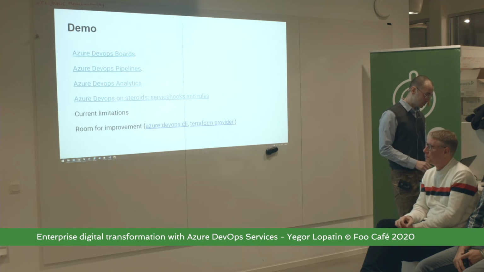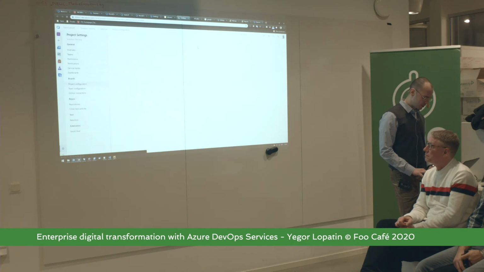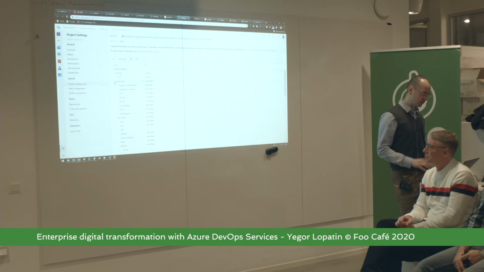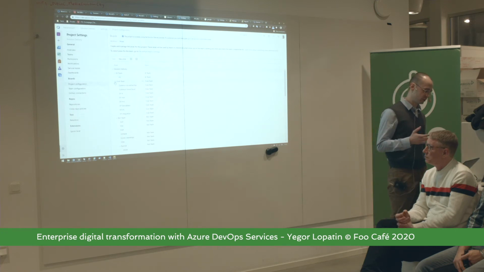I will switch to the browser mode just to show you the idea that I mentioned. You know the several layers of configuration. One is project configuration and another is team configuration. So we created as many teams as we had in our hierarchy. So now we have five teams.